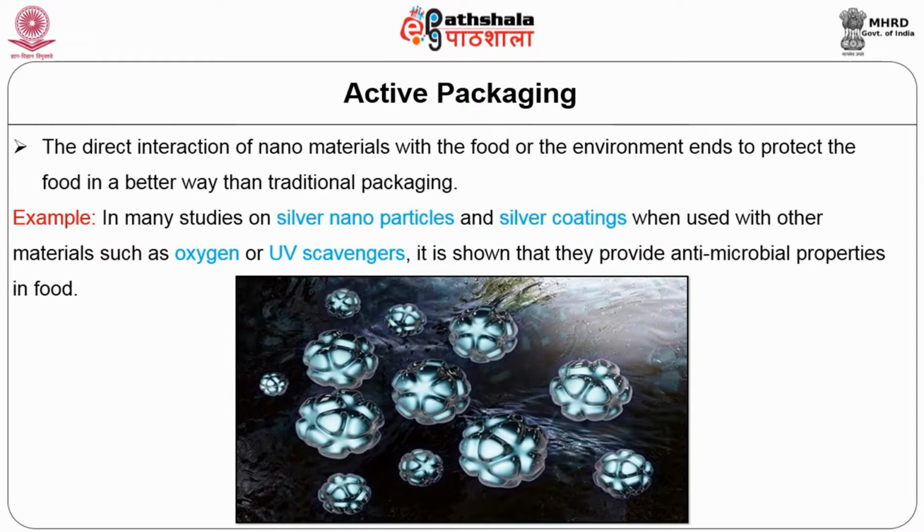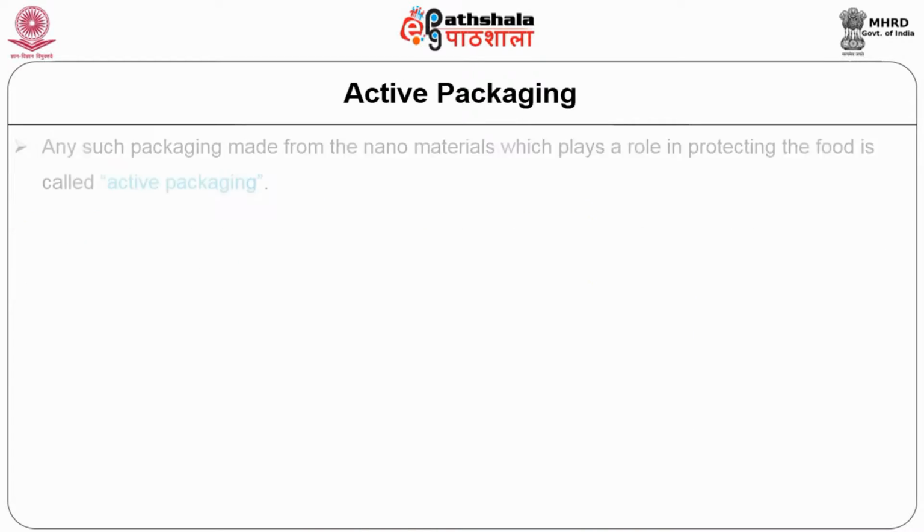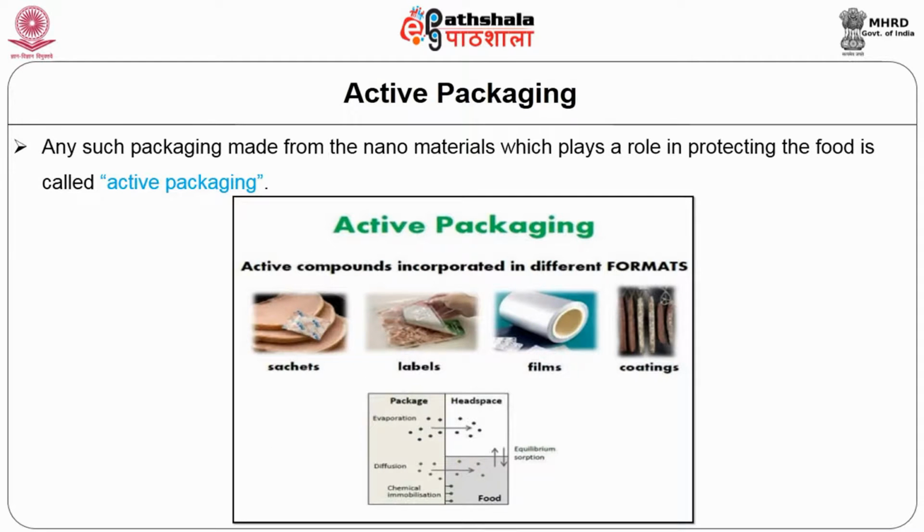For example, in many studies on silver nanoparticles and silver coatings, when used with other materials such as oxygen or UV scavengers, it is shown that they provide antimicrobial properties in food. Any such packaging made from the nanomaterials which plays a role in protecting the food is called active packaging.